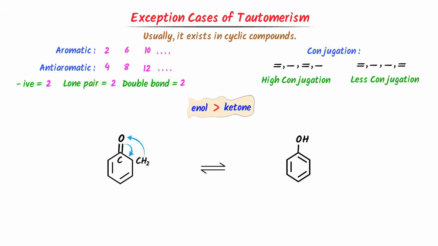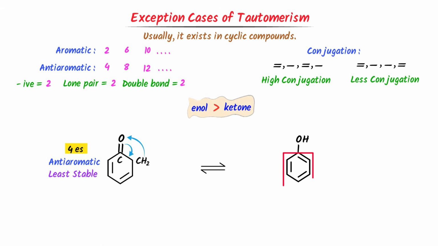These both compounds are cyclic. I check aromatic and anti-aromatic compounds. This compound has 2 double bonds. I write 2 plus 2 is equal to 4 electrons. We know that if there are 4 electrons, it is an anti-aromatic compound. Thus this compound is anti-aromatic and it is less stable.